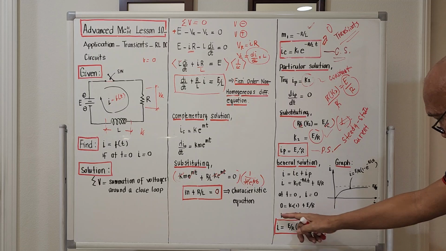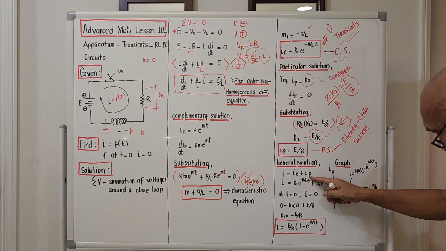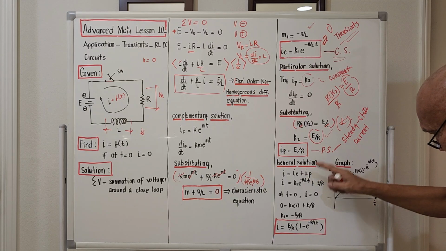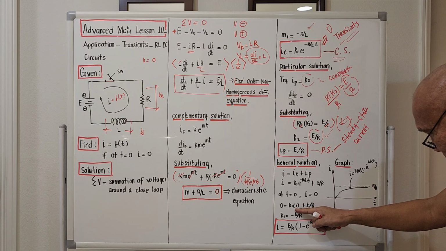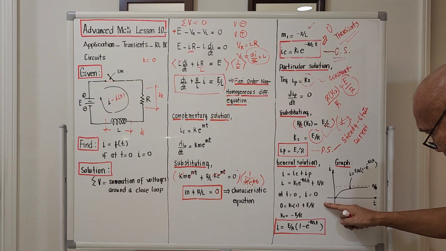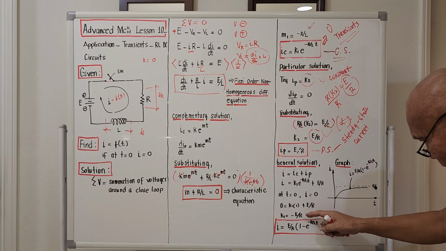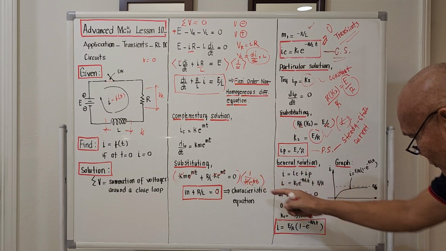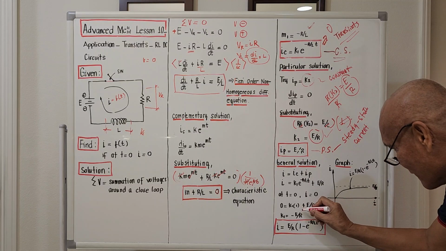Substituting values, 0 should be equal to K1 times e to the R over L times 0, which is e to the 0, which is 1, plus E over R. K1 now will be negative E over R. So this unknown value of K1 is actually negative E over R.